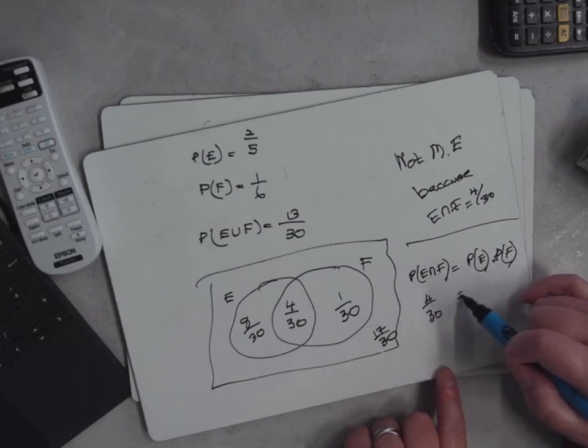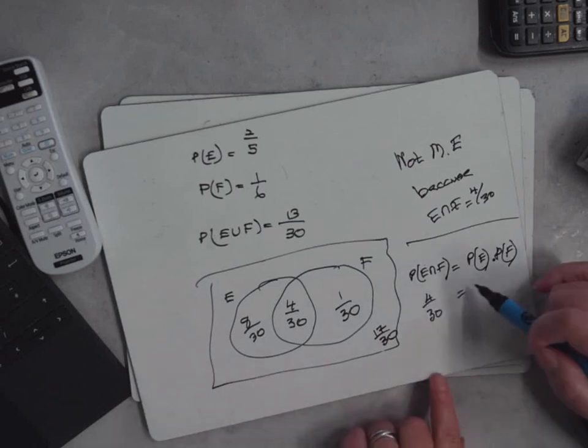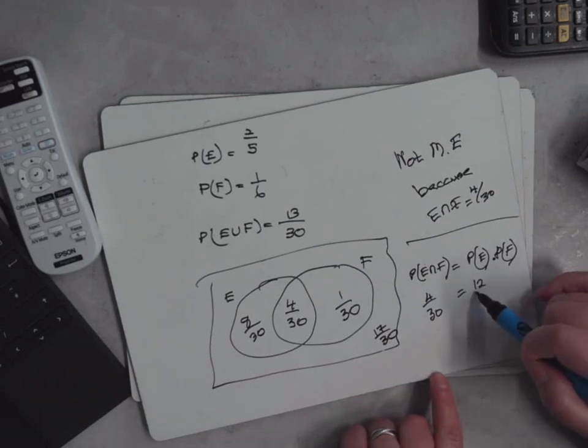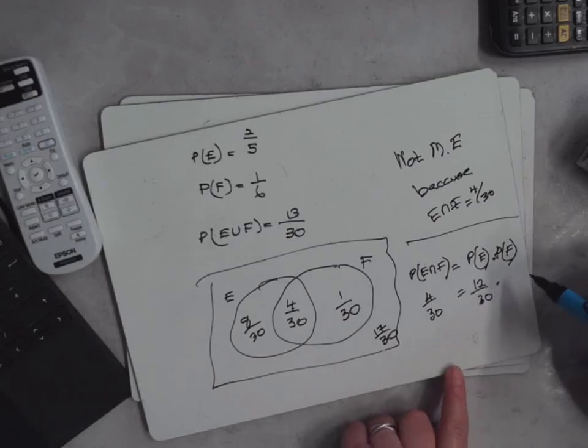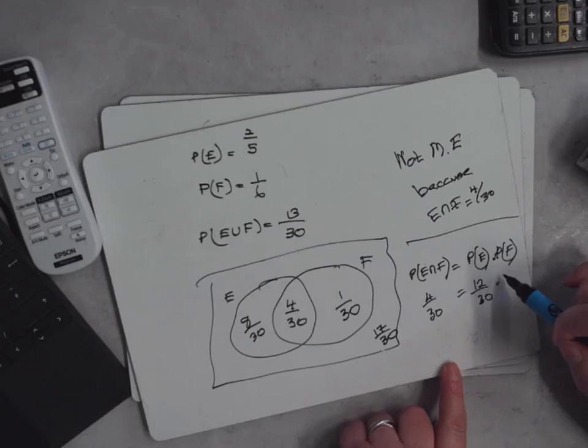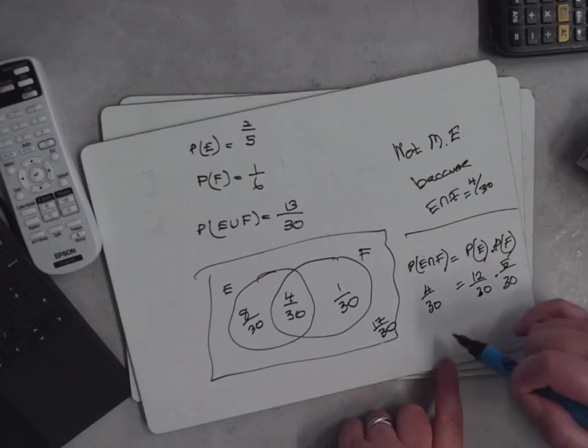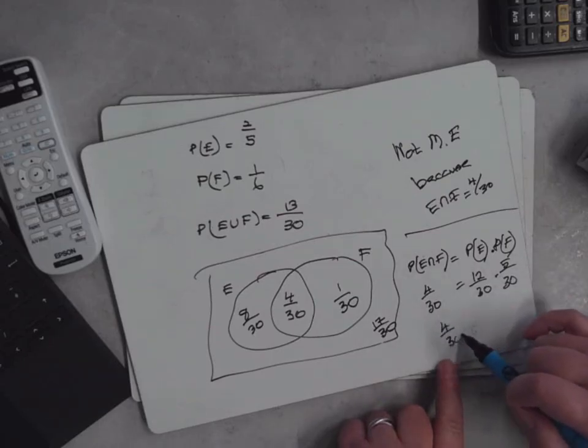Do I get the same answer when I multiply the probability of E, 12 over 30, by the probability of F, which is 5 over 30? Will someone do that? It'll probably go 2/15, will it?